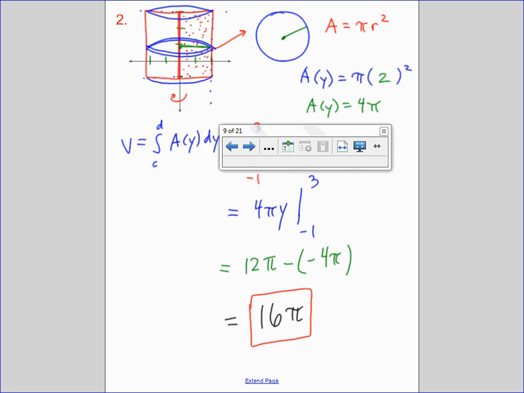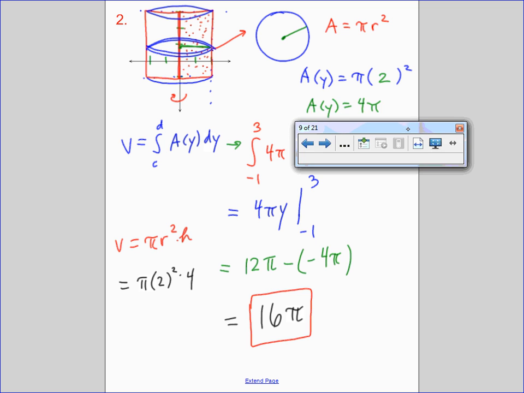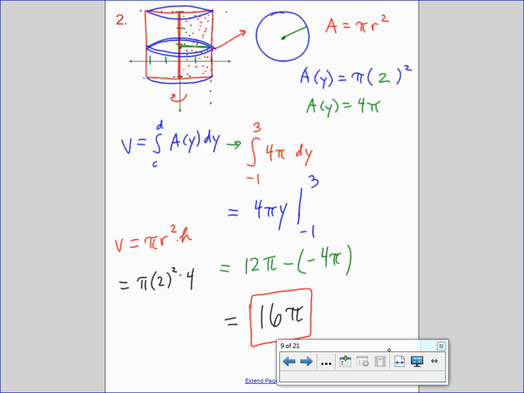And what's our cylinder volume formula? Pi r squared h. All right, let's try it. For a cylinder with radius 2, this would be pi times 2 squared times the height, which would be what? 1, 2, 3, 4, is that right? And 2 squared is 4, times 4 is 16, times pi, so 16 pi. It works, right? We've done it the long, involved calculus way, using a shape that we know so that we can check and build confidence for when it really gets exciting, like number 3.